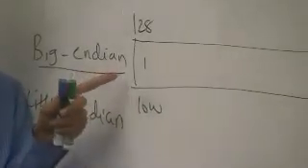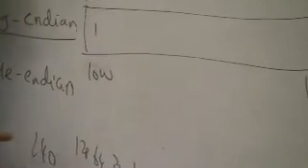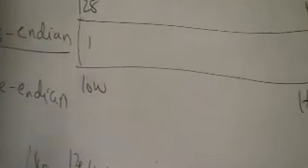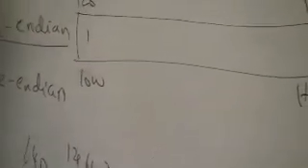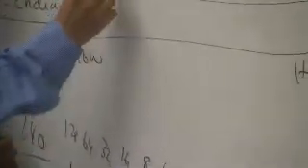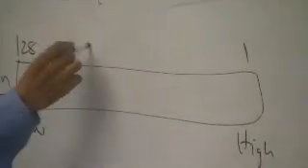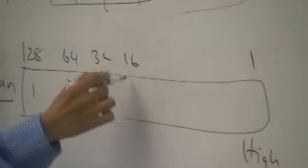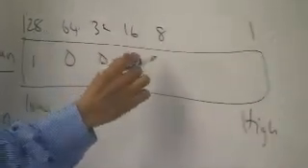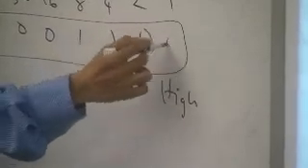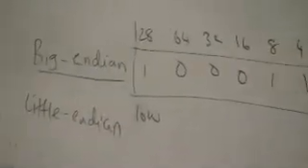So if it's a big endian system, I put my most significant bit in the low memory end. And then my other bits go like this. 32 will be this. So this is something very important you should know to understand some of the topics from now on.